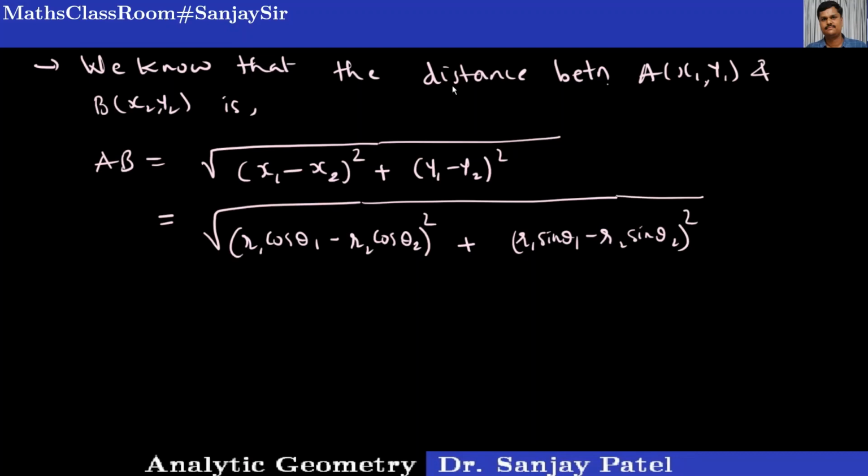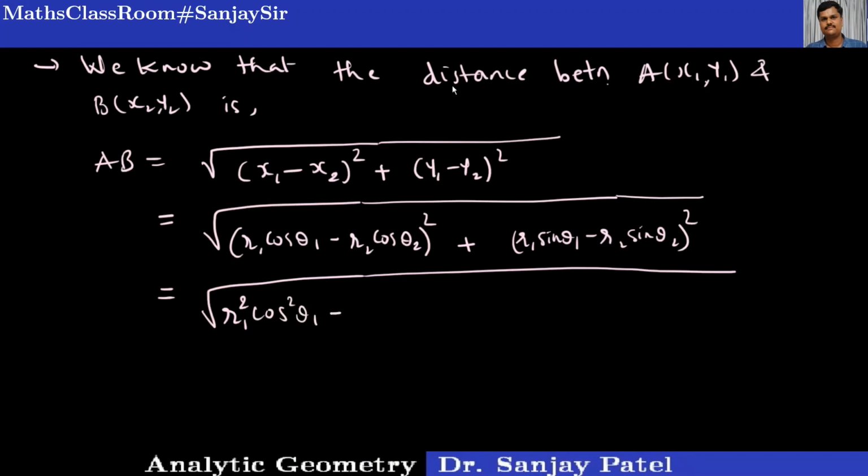Okay, so if you simplify using that simple perfect square, you will get r1 square cos square theta 1 minus 2 r1 r2 cos theta 1 into cos theta 2 plus r2 square cos square theta 2.